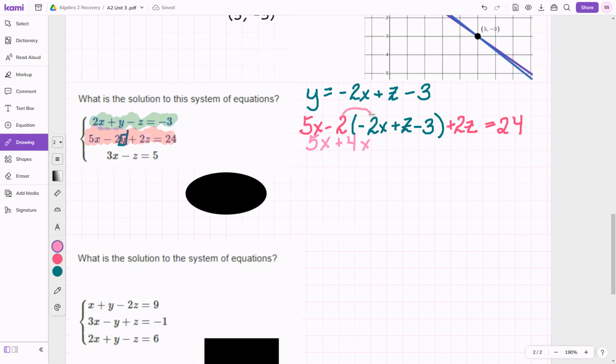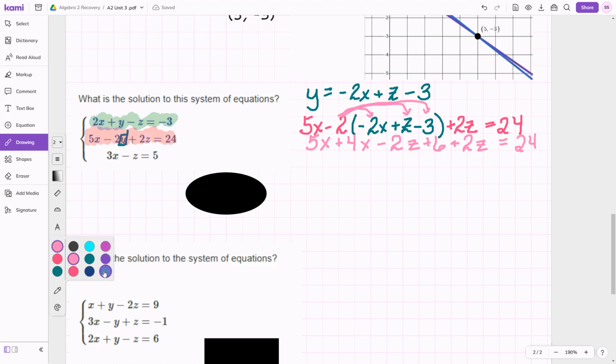I'm distributing this 2 throughout the equation, okay? It's going to be a minus 2z minus, so that's plus 6, plus 2z equals 24. Go ahead and clean this up some more.